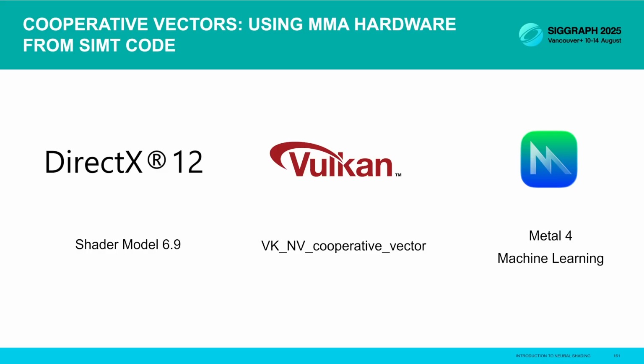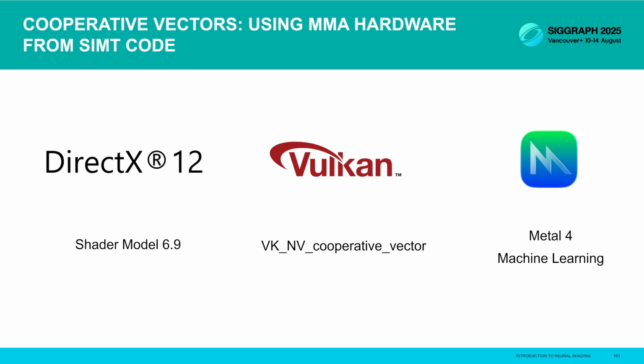To solve this problem, we are now given a new way to access the same MMA hardware, called cooperative vectors. Cooperative vectors are available in D3D12 shader model 6.9 and in Vulkan via the NV cooperative vector extension. A similar concept is also available in Metal 4.